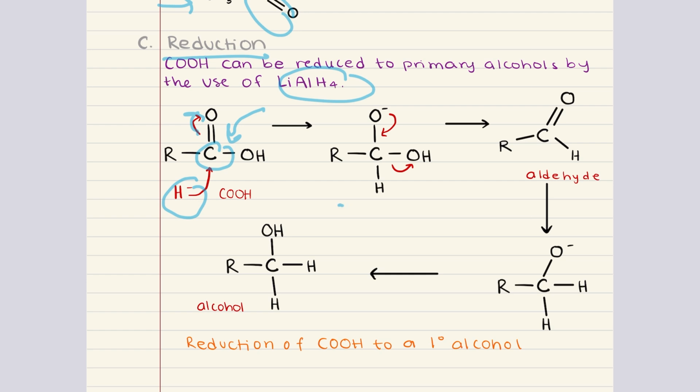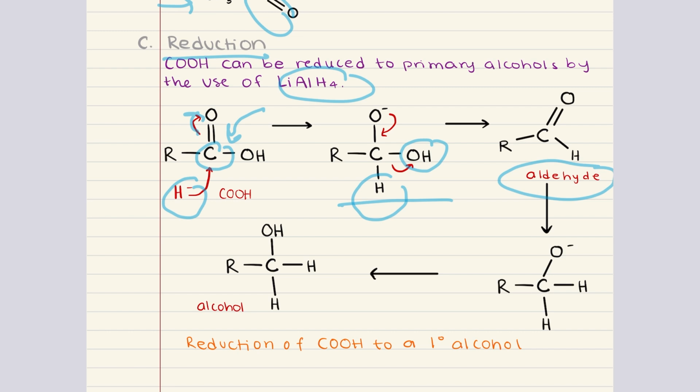This produces a tetrahedral intermediate in which the carbon now carries both a hydroxyl group and a newly added hydrogen atom. Next, the intermediate collapses by elimination of the leaving group, which is typically a hydroxide ion, and that results in the formation of an aldehyde.